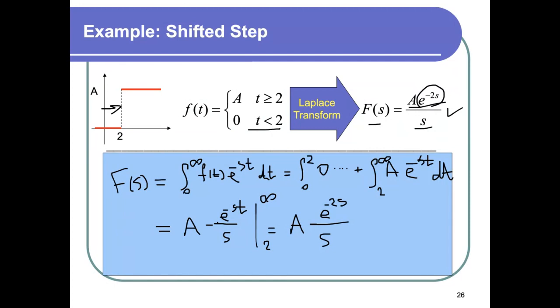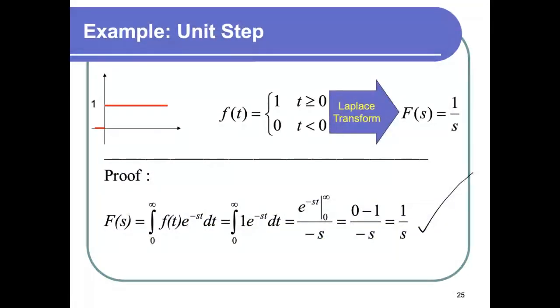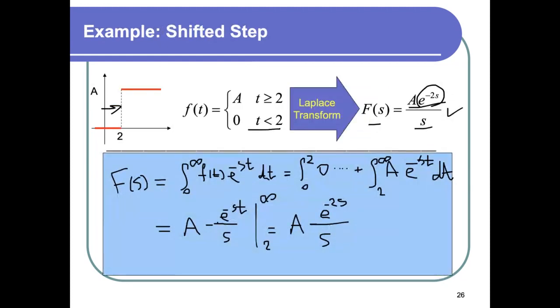For example, in this case, if I know the unit step's Laplace transform, and then we shift it, then the shifted step is simply this guy multiplied by e to the power of minus alpha s, wherever that shift is alpha. And if this is scaled by a, then I know that I need to multiply by a. If I apply these properties to the unit step, which is easier to derive, then you get that function as the Laplace transform. However, you can also get it through the integral.